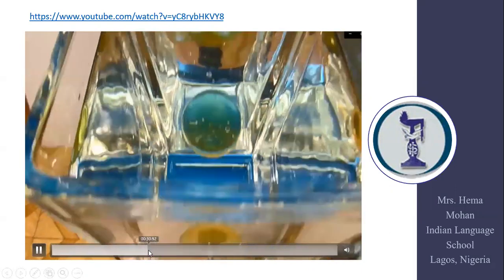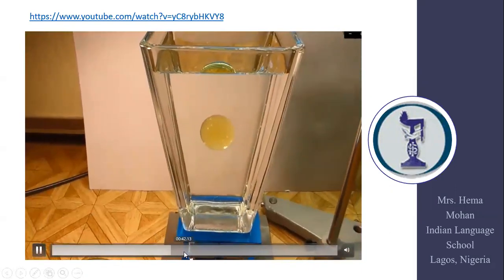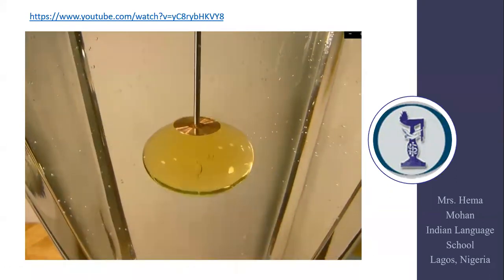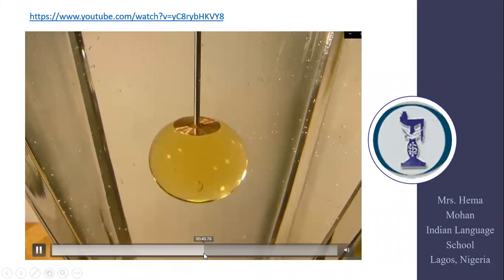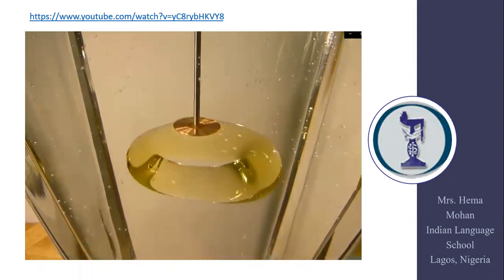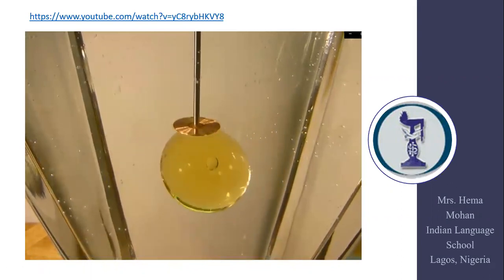And when this oil drop is disturbed, see what happens. It forms a beautiful ring. Keep watching. It is going to be disturbed once again. Once it settles down, you can see the formation of a wonderful ring. And that ring comes back again because the molecules are pulling in. You're trying to push them apart.